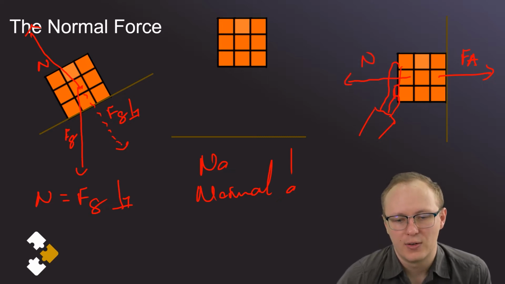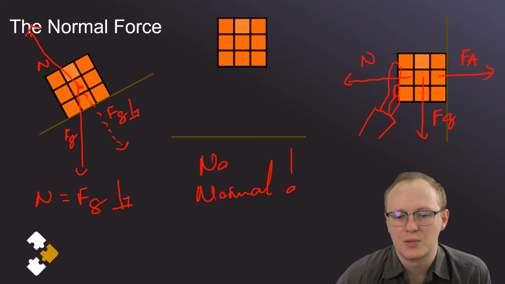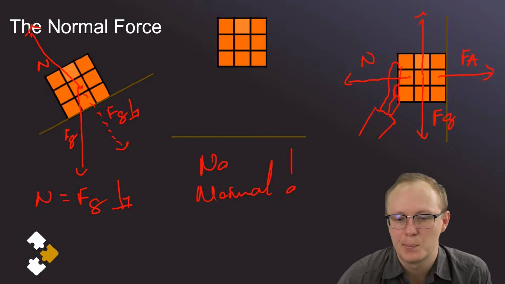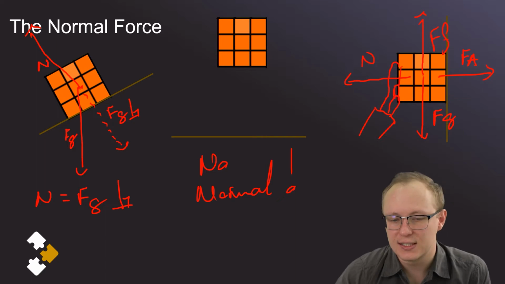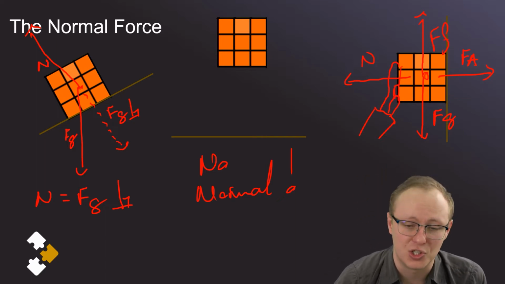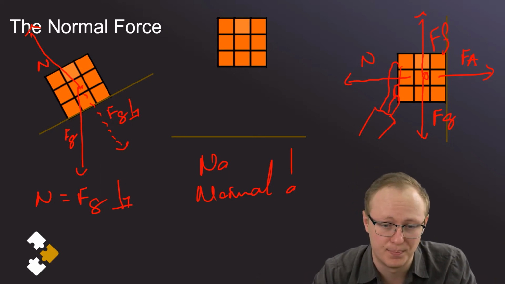Interestingly, there's still gravity acting on the block, and because the block is not sliding, there has to be some force going up that's preventing it from sliding, and that will be the frictional force. So in this instance, not only is the normal force not the same as Fg, it's not even in the same direction as Fg, it's perpendicular to Fg.